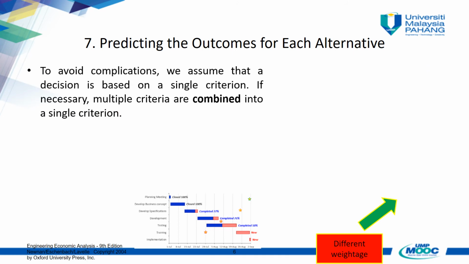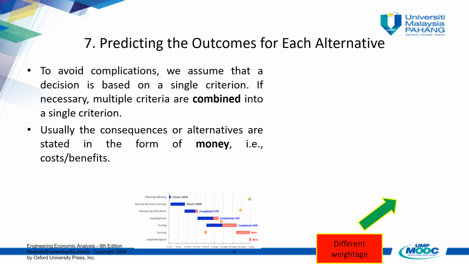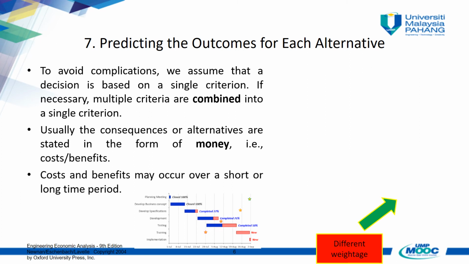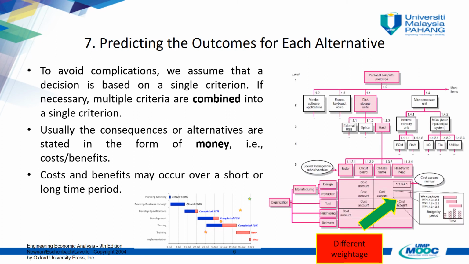To avoid complications, we assume that a decision is based on a single criterion. If necessary, multiple criteria are combined into a single criterion. Usually, the consequences of alternatives are stated in the form of money or cost-based benefits. Costs and benefits may occur over short or long time periods.